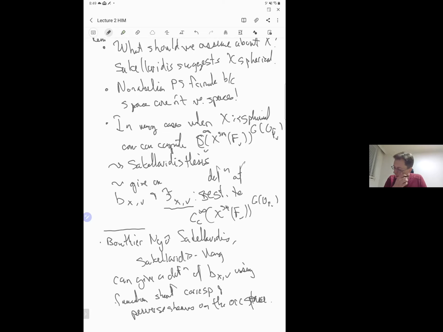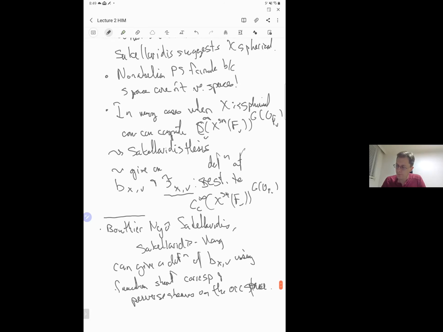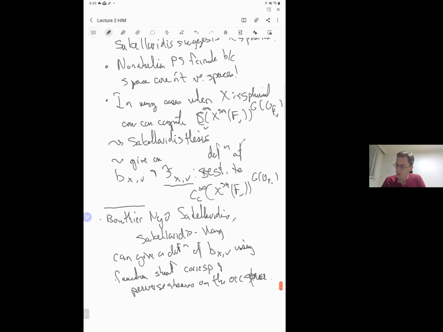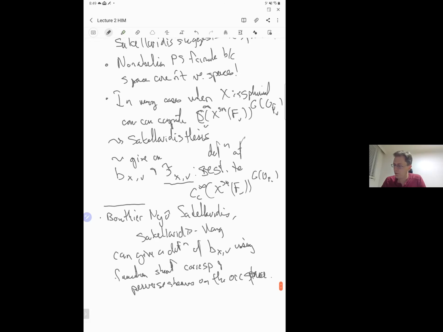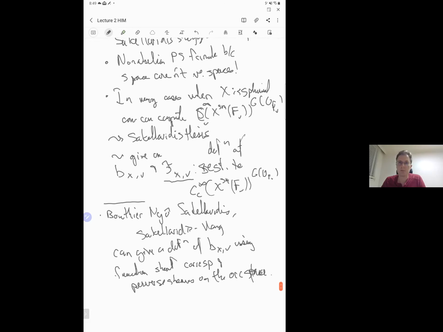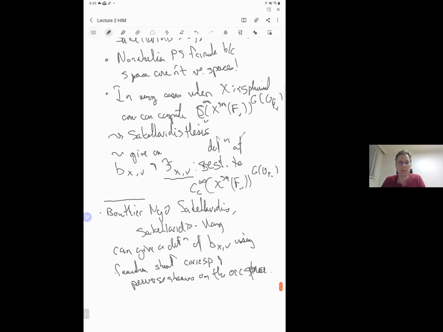The idea is that there's an elegant way of writing down this basic function in terms of geometric data. And this is something that currently works just in equal characteristic, but as Cho said once, if you say perfectoid a bunch of times, you can probably get it to work in the other case.